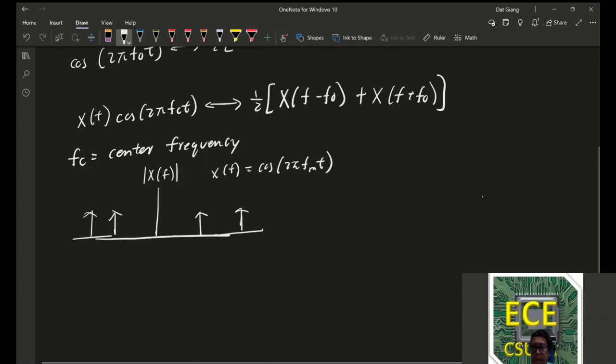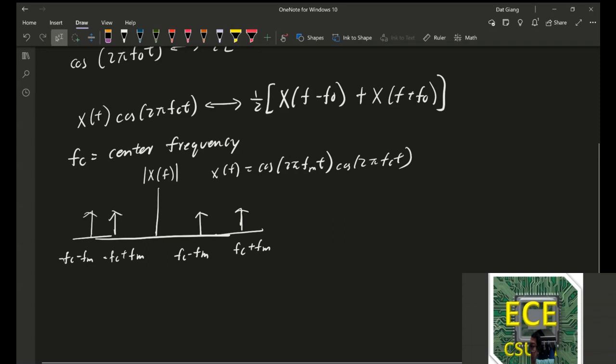In the event we have x(t) equal to cosine 2 pi fm t, and then we multiply that with cosine of 2 pi fc t to apply the modulation theorem, this one has components at fc plus fm and fc minus fm. And then on the other side, we have negative fc plus fm and negative fc minus fm.